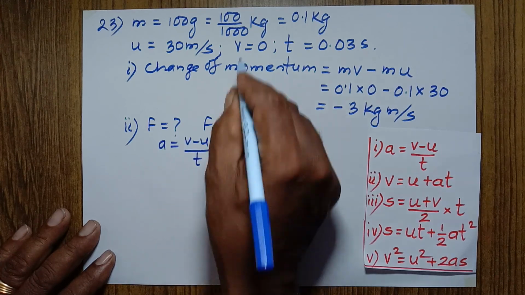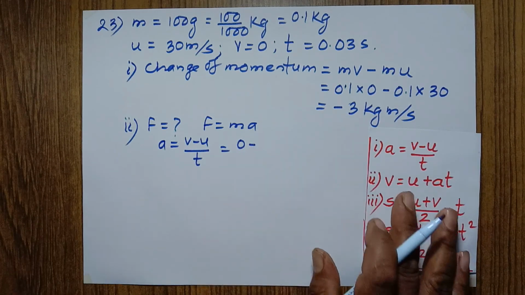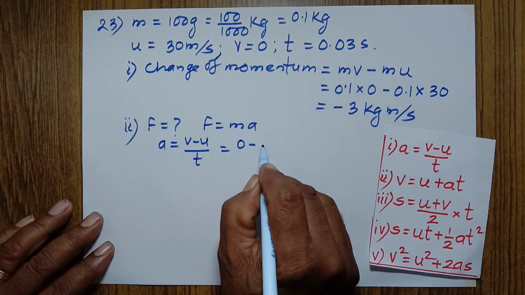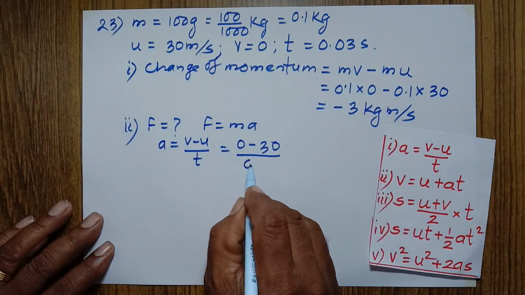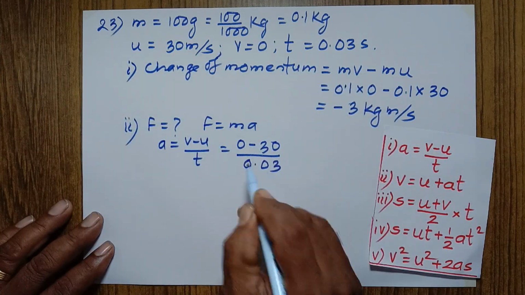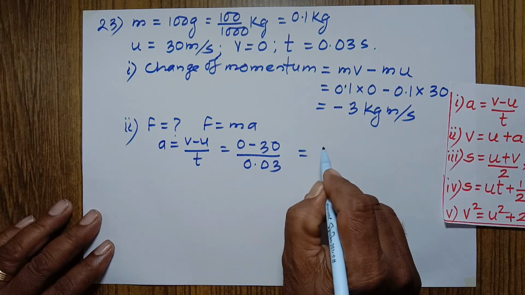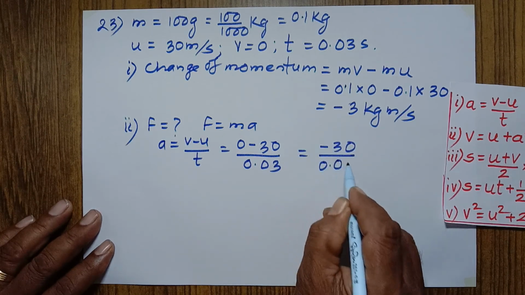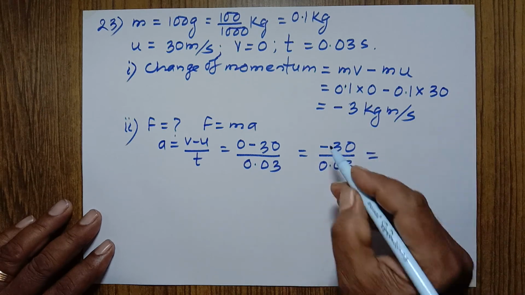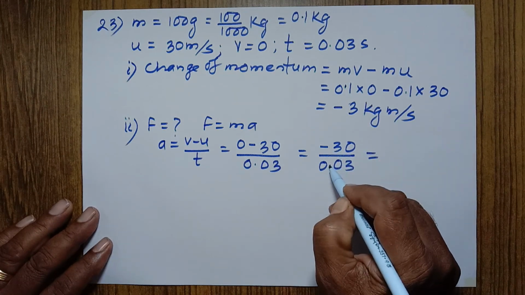And this is equal to 0 minus u, where u is 30, and t, the time taken, is 0.03. This is equal to minus 30 upon 0.03. Here we have a decimal point.